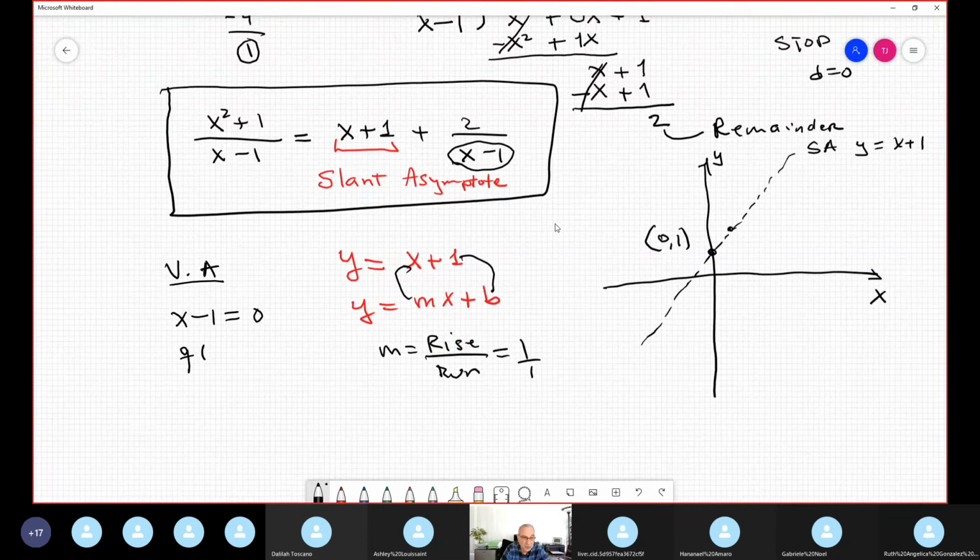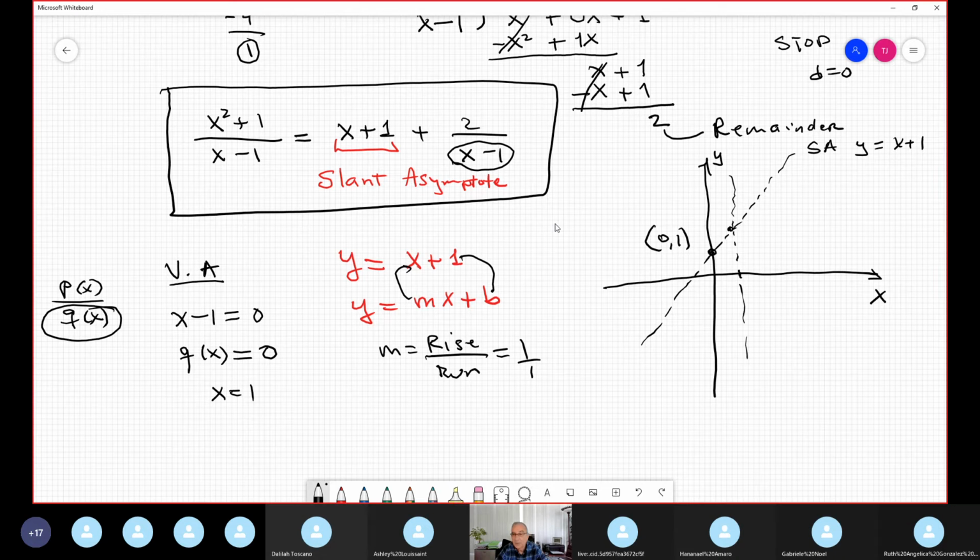With the rational function p divided by q, you take the polynomial q and force it to be 0. So x is 1. So we have 1 vertical and 1 slant. Okay? Let me see in Desmos to see more clearly. In Desmos.